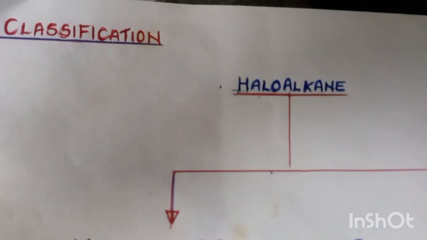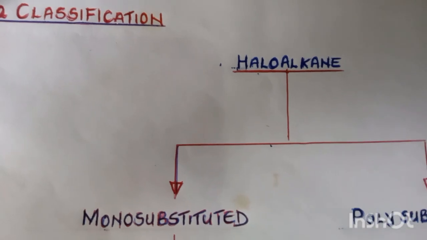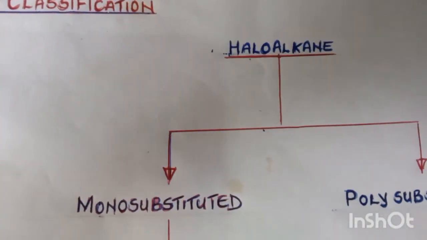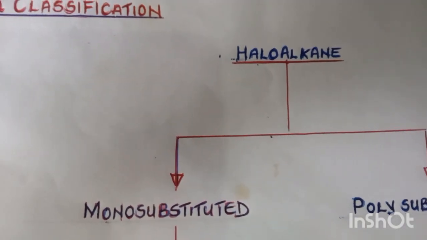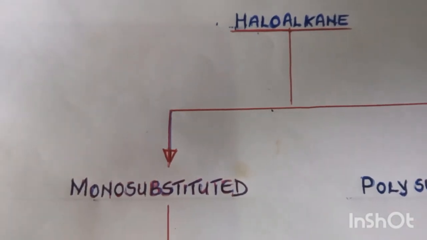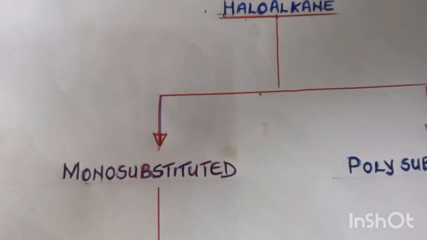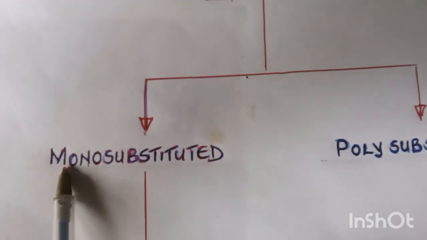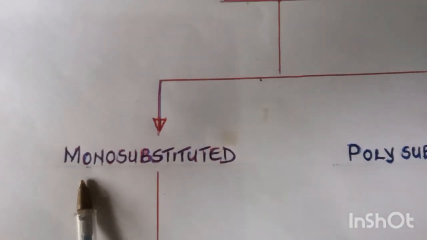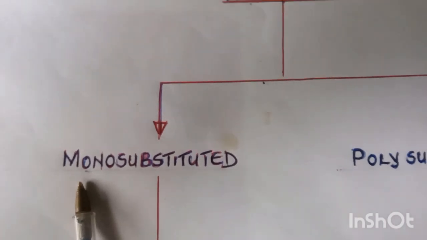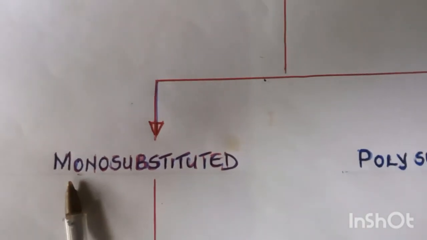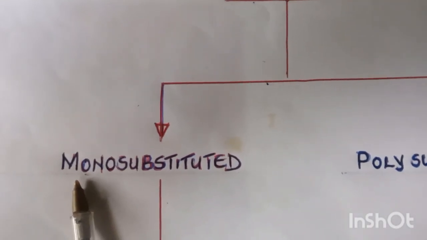So we have haloalkanes being divided mainly based on the number of halogen atoms that they contain. So we have those that only have one halogen atom in their molecules, these are known as monosubstituted haloalkanes. Examples might include compounds like chloromethane, bromoethane, iodopropane.